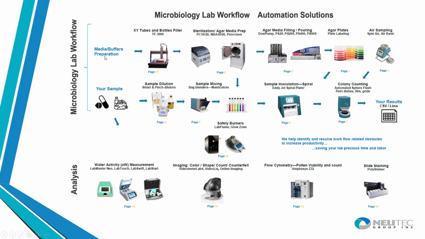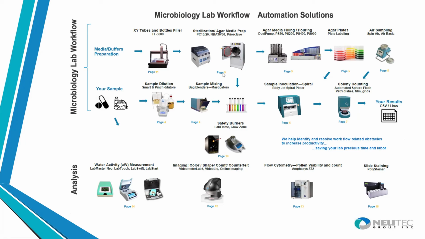There's everything from an XY tube filler to agar preparation to plate pourers. And then on the other side, there's smart diluters, auto mixing, inoculation automation, and colony counting that all help to speed up and move along the process of doing microbiological testing.